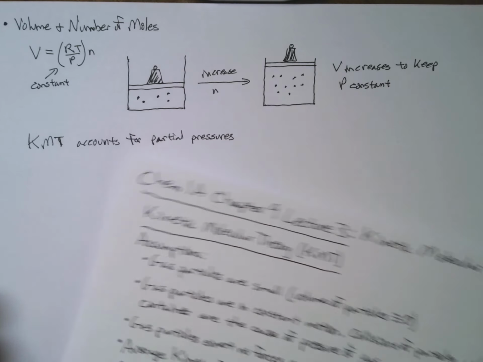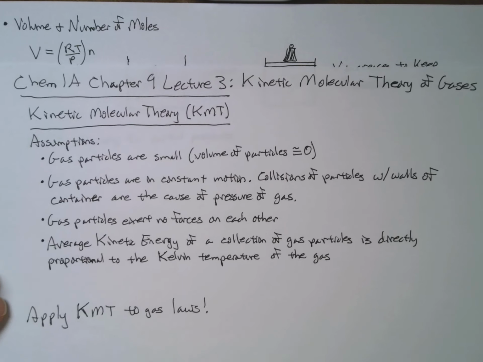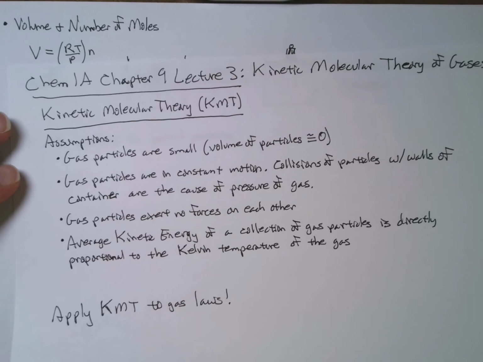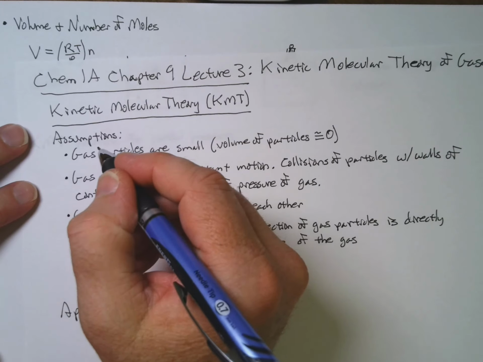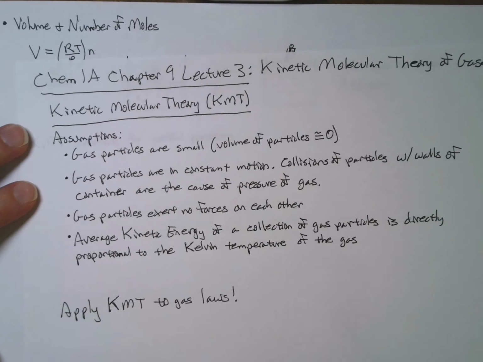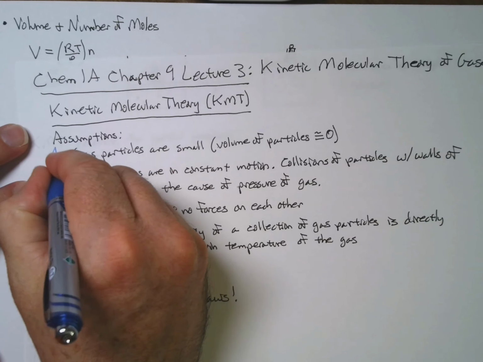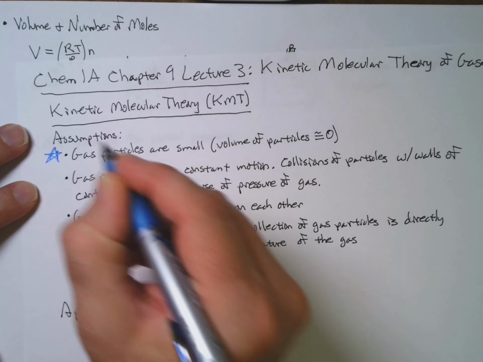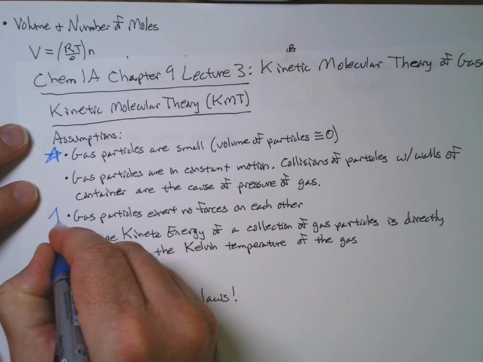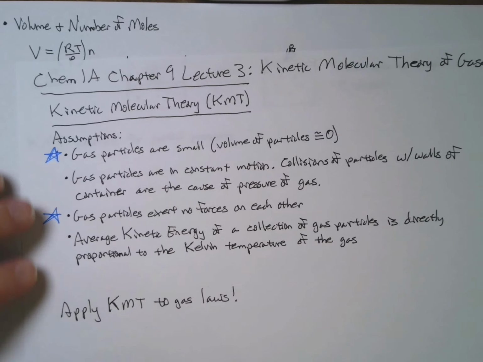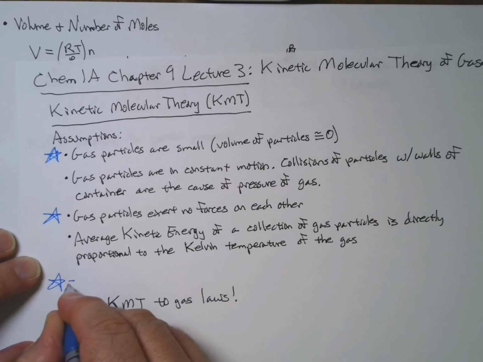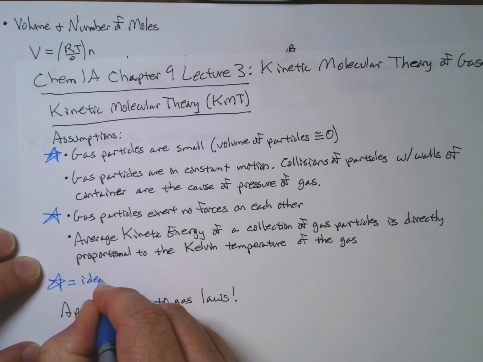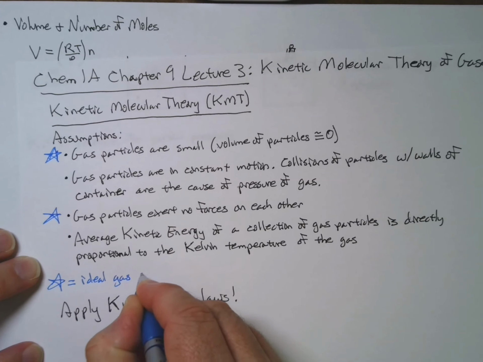Now, these assumptions here are actually part of the ideal gas assumptions. So let me just make a note here. I'll do it in a different color. So this guy here and this guy there are, so I'm going to say star equals ideal gas assumptions.